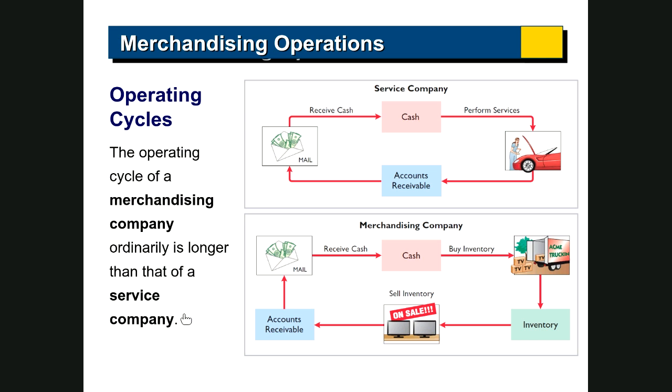You pay immediately, right? If someone is providing you security service, they're not going to go without a payment for 3 months. You pay them every month, right? So the service company operating cycle is shorter. It makes sense, right? Okay.